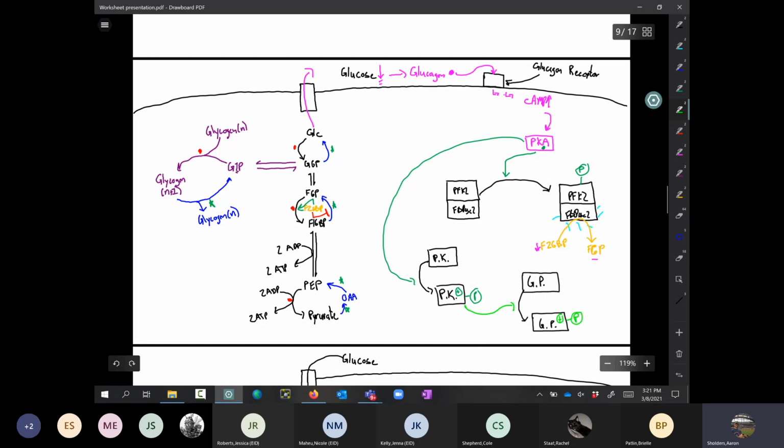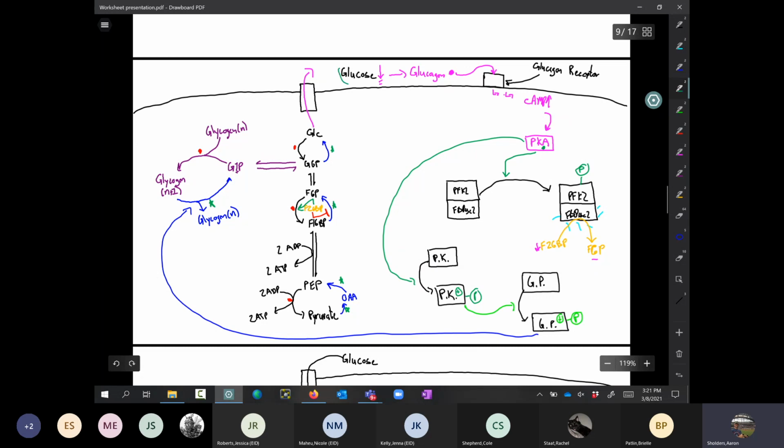And you say, what is glycogen phosphorylase again? Glycogen phosphorylase does this. It breaks down glycogen. So what you see here is all of this going on, right?